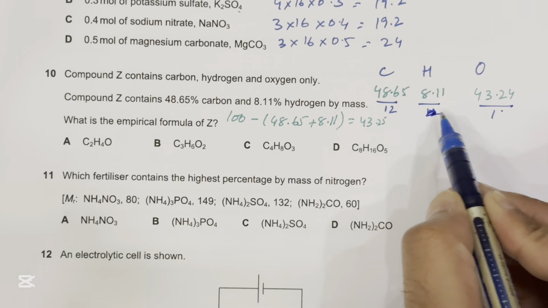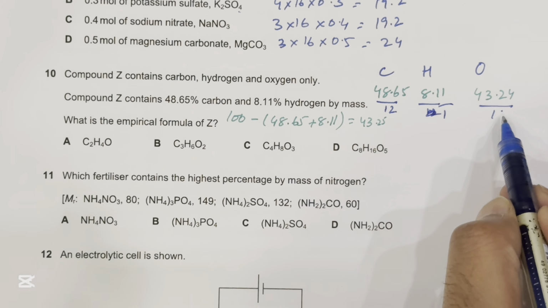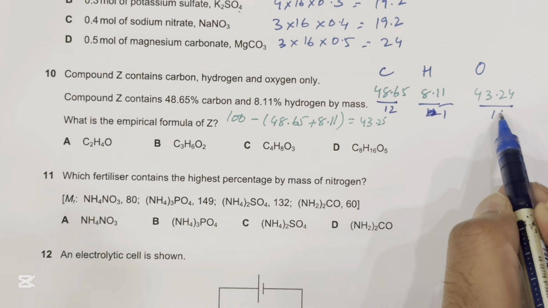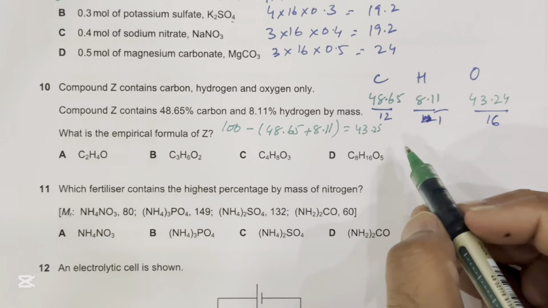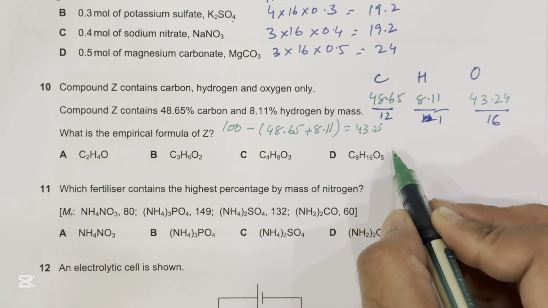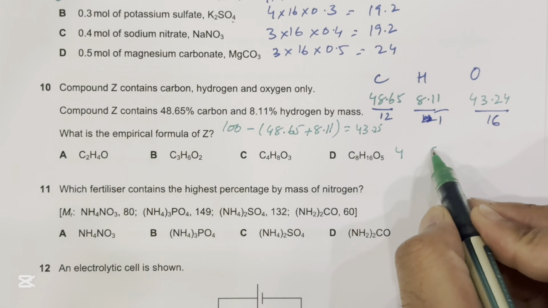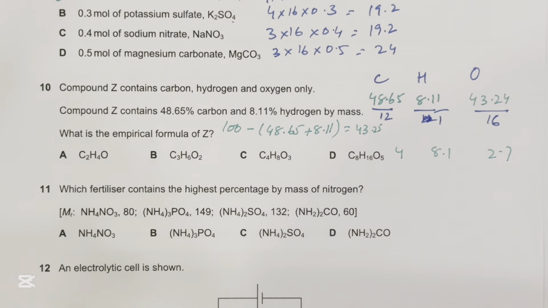Hydrogen has 1, and oxygen would be 16. After 48.65 divided by 12, you get the moles, that is equal to 4, and 8.1, and this would be 2.7.